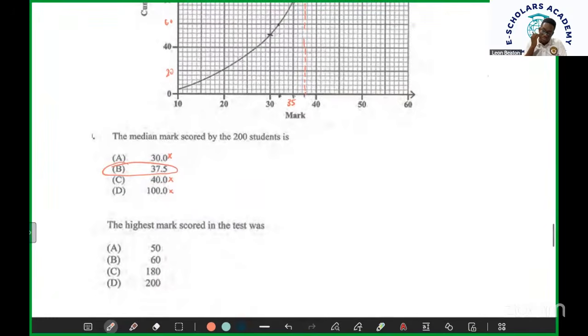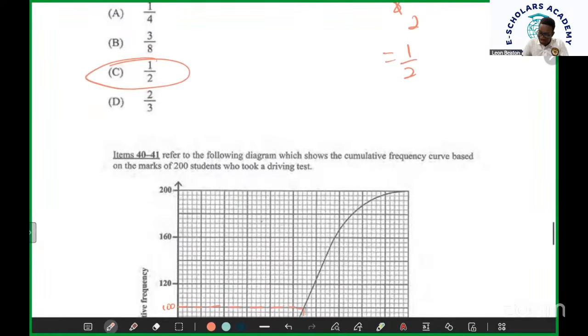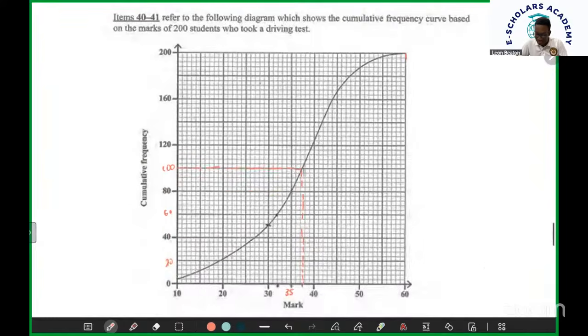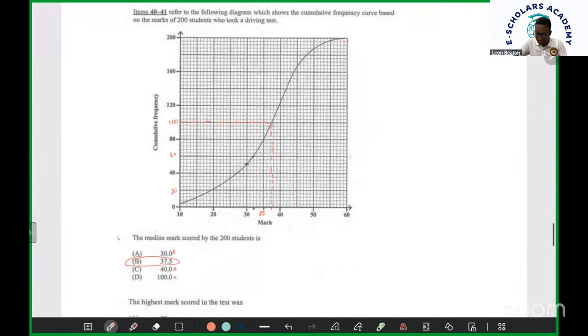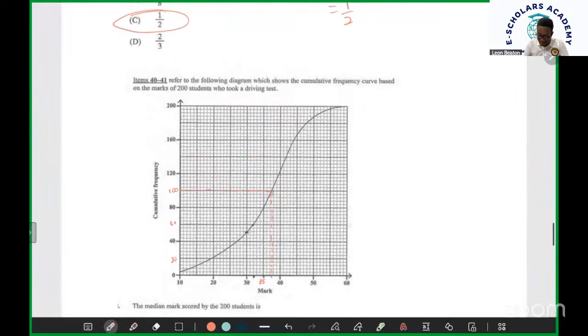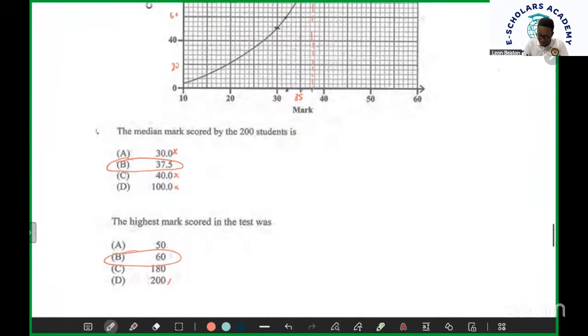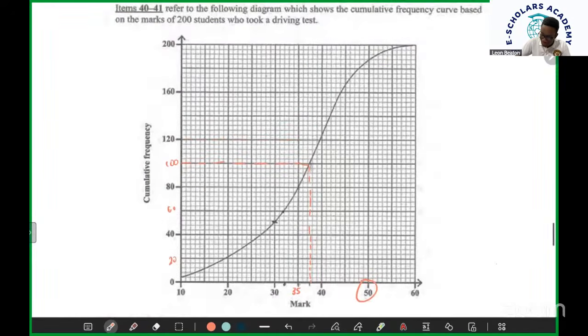Highest mark scored would be, so we go across here, 60. 60 is the highest, eh? So we go with 60. Of course, the test didn't reach till 80. 50 is right here, and we see more people scored 50. So 60.